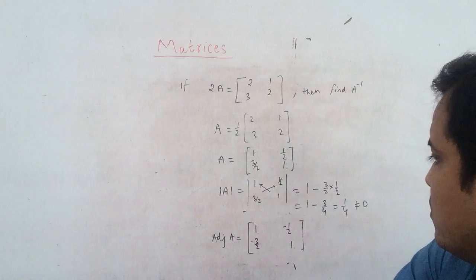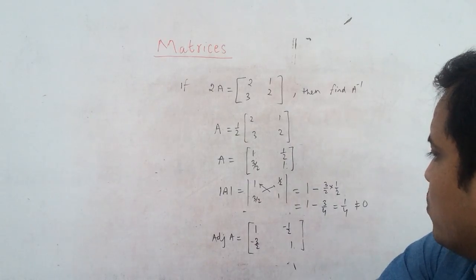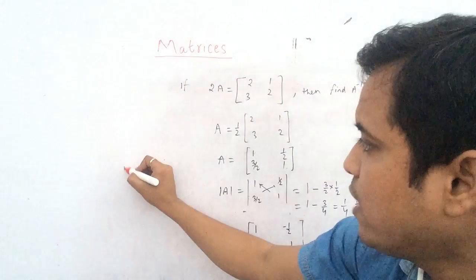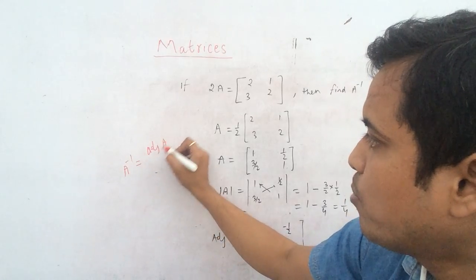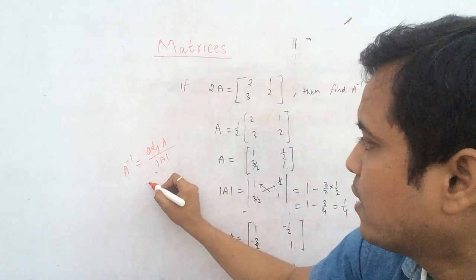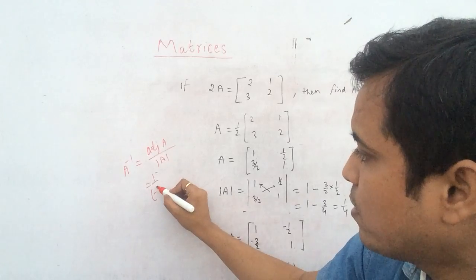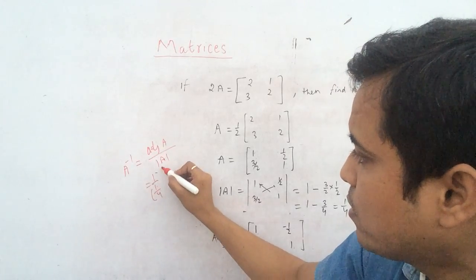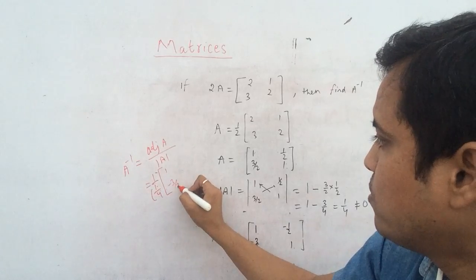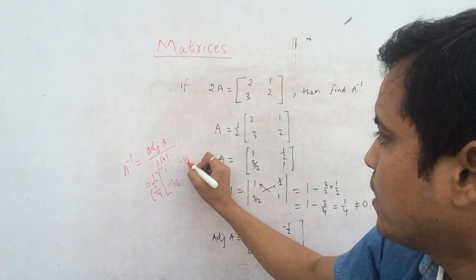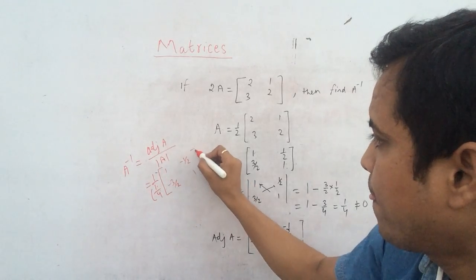I have done this. Now according to the formula of A inverse, what is this? Adjoint A upon determinant of A. And what is the determinant? 1 by 4. So 1 upon 1 by 4 of the adjoint, which is 1, minus 3 by 2, minus 1 by 2 and 1.